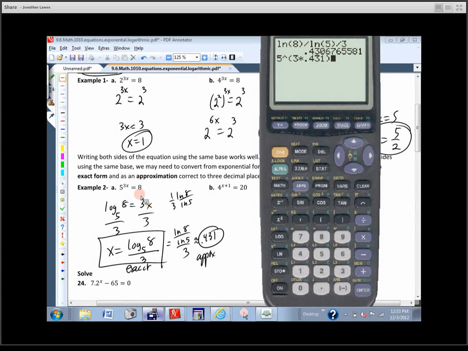It's going to be a little more because I rounded this number up, and there it is right there. Now, if I plugged in that number exactly, so if I did 5 raised to the 3 times that last answer, it's exactly 8. So did we get it right?